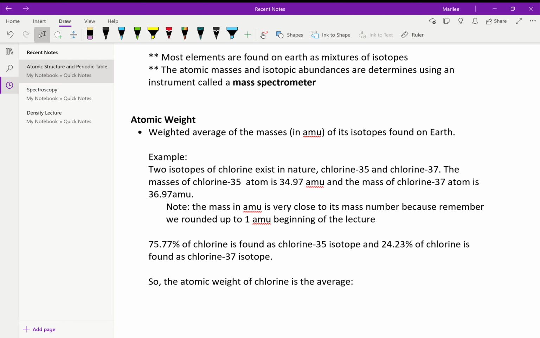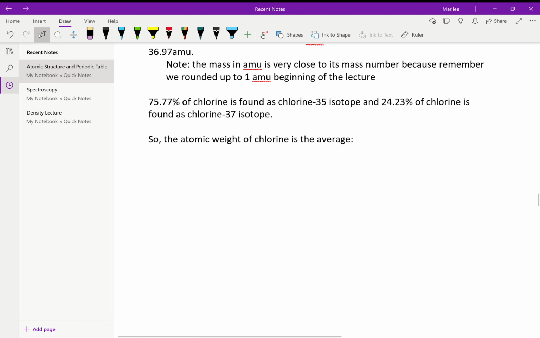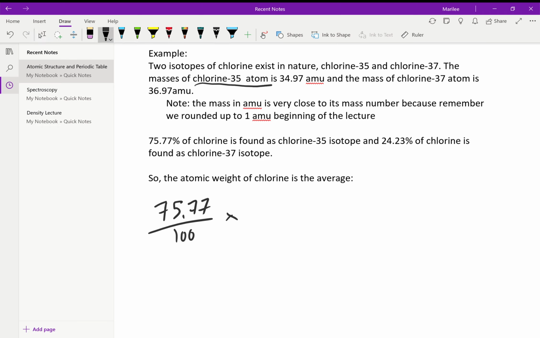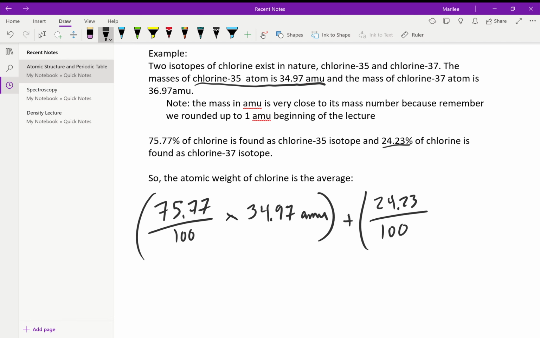So the atomic weight of chlorine is to take the average. So how do we do this? We have 75.77 out of 100 times chlorine 35, which is 34.97 AMU, and we add 24.23% of chlorine 37, which is 36.97.